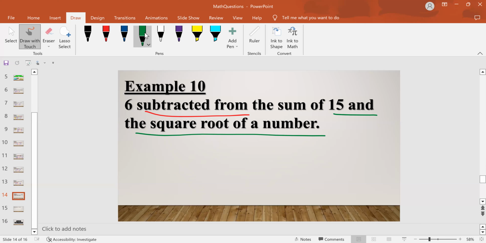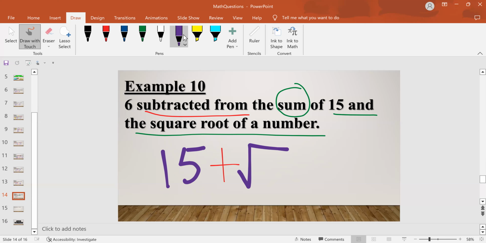So what is that sum? So sum, we have a plus of what? 15. And the square root means you have to use this symbol of a number. We use x for a number.